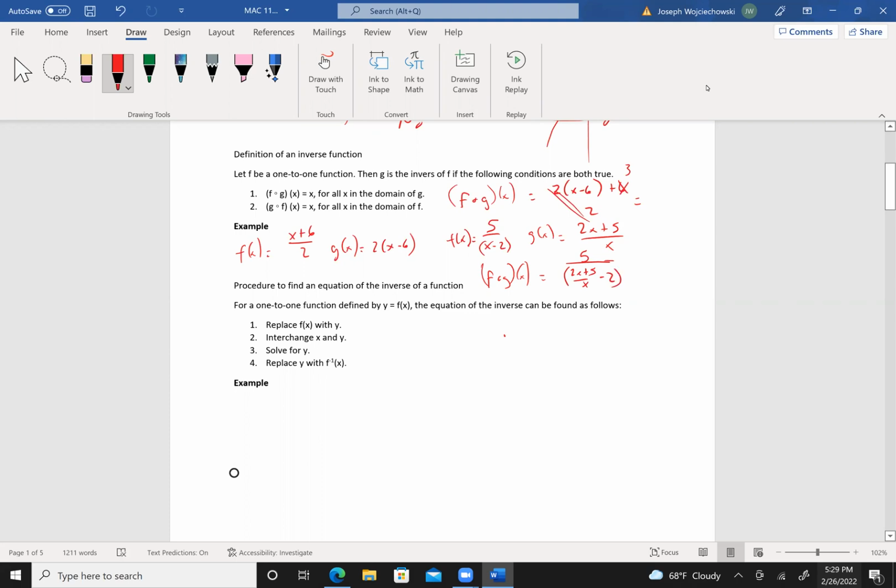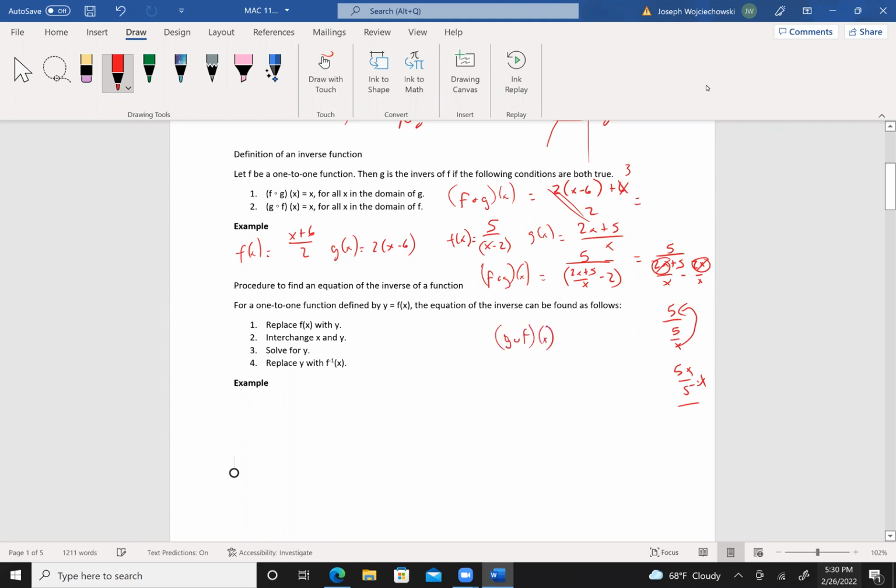First thing I can do is multiply by x over x. I have 2x plus 5 over x minus 2 times x over x. So now I have 5 over 5 over x. Remember this, just bring it up: 5x over 5, which is x. So far, so good.